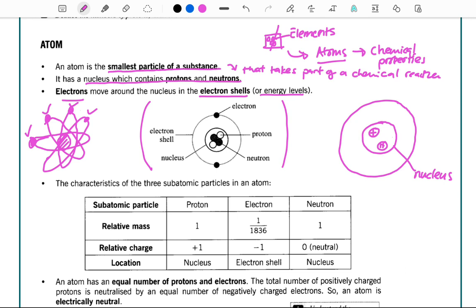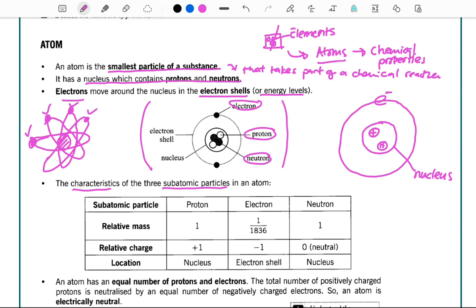So on our third point, we also look at the characteristics of the three subatomic particles in an atom. The three subatomic particles in an atom are the neutrons, the protons, as well as the electrons. Here in our diagram, we show that electrons are found within the shells.